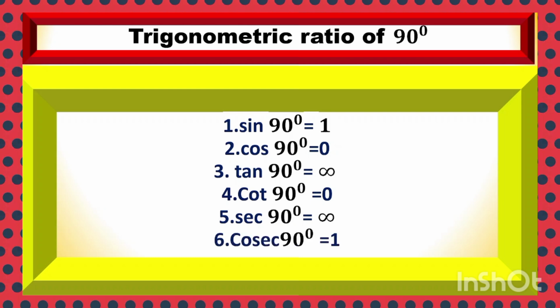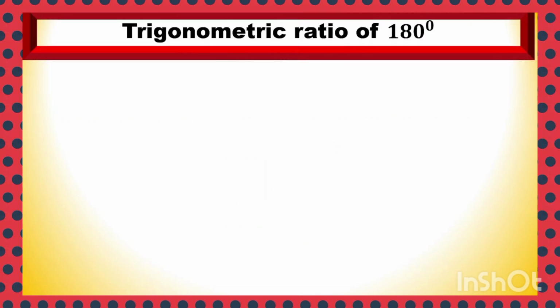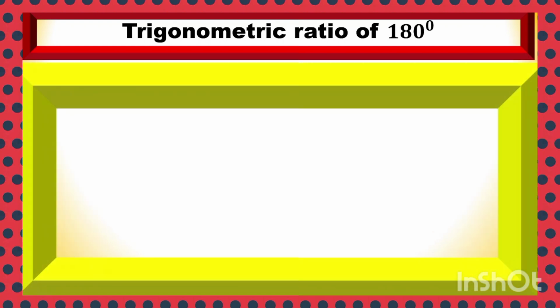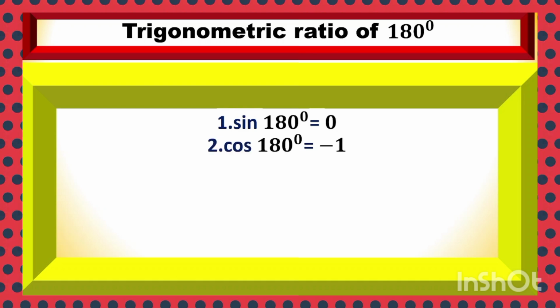Another important trigonometric ratio is of angle 180 degree which I am going to discuss. Trigonometric ratio of angle 180 degree has a similar relation with 0 degree. In case of sin and cosec it will be positive, and other trigonometric ratios have the same magnitude but with a negative sign. Look here: sin 180 degree 0, cos 180 minus 1.